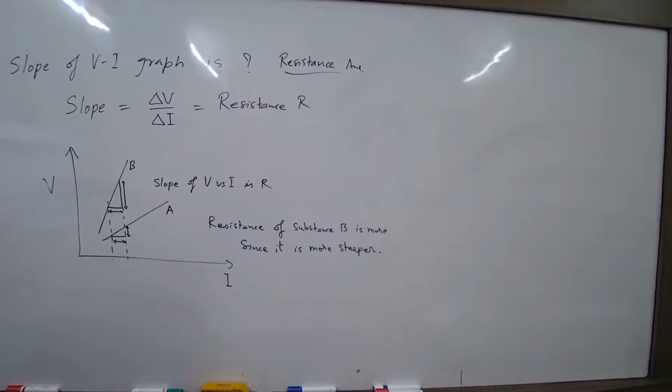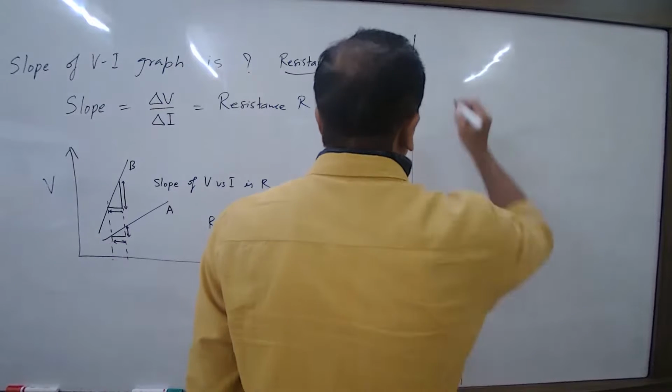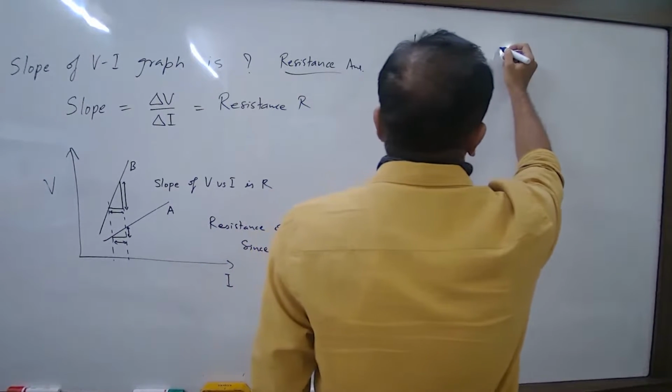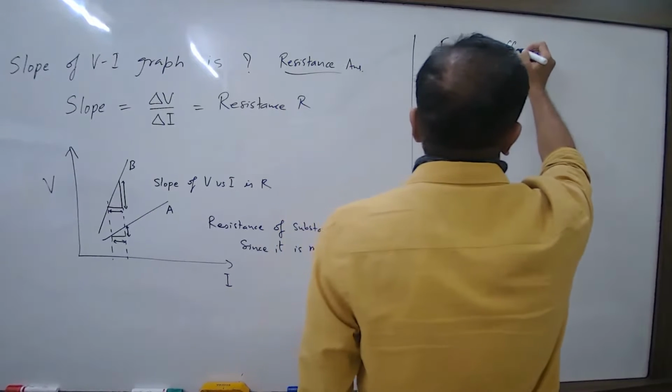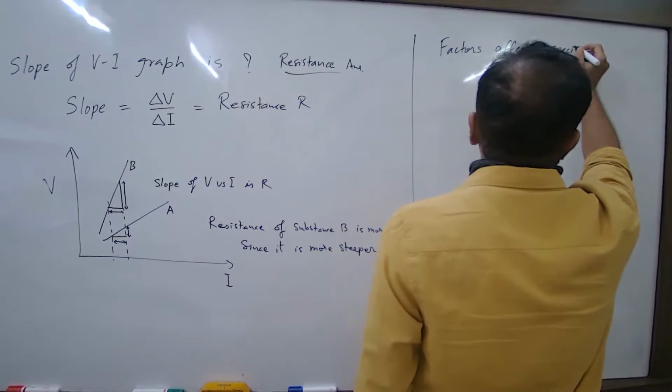We have already covered specific resistance also, right? So what are the factors which affect specific resistance?